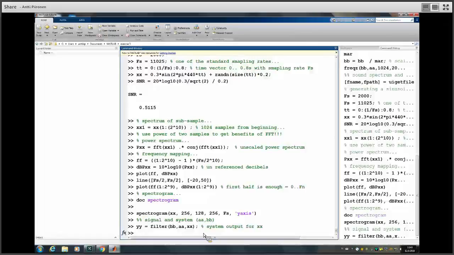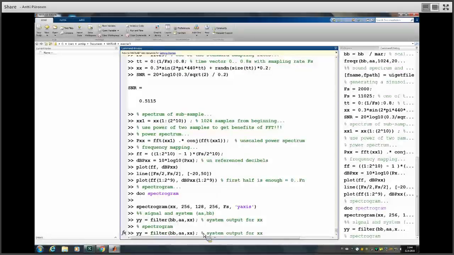This is an audio sample. It's no use plotting it. It's a long sample, but we can run the spectrogram. Okay, so spectrogram. This is the original signal.